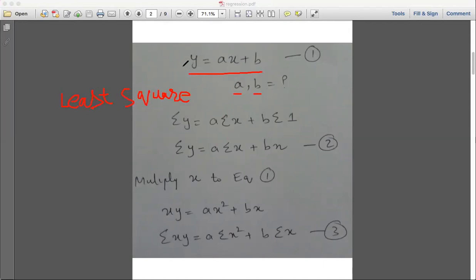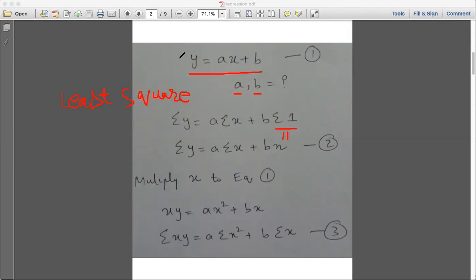First of all, multiply this equation 1 with summation. Take summation on both sides of equation 1, and you will see on the left hand side it will become summation y is equal to a, which is a constant, so outside, summation x plus b into summation 1. We can write summation 1 as a sum of 1 up to n times, so summation 1 is equal to n.